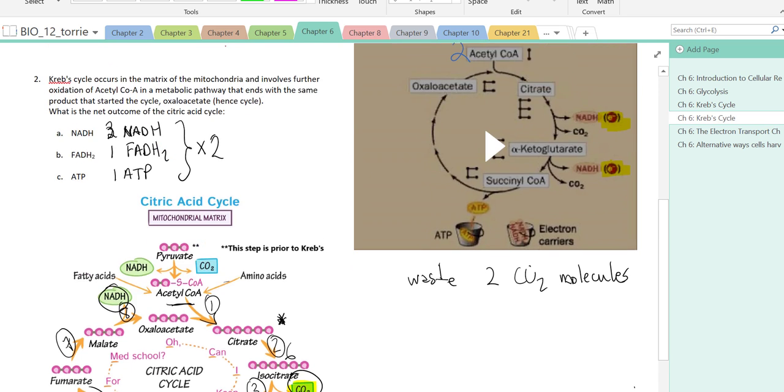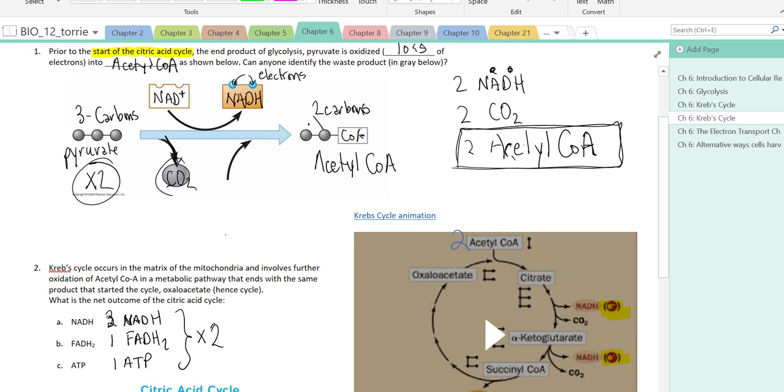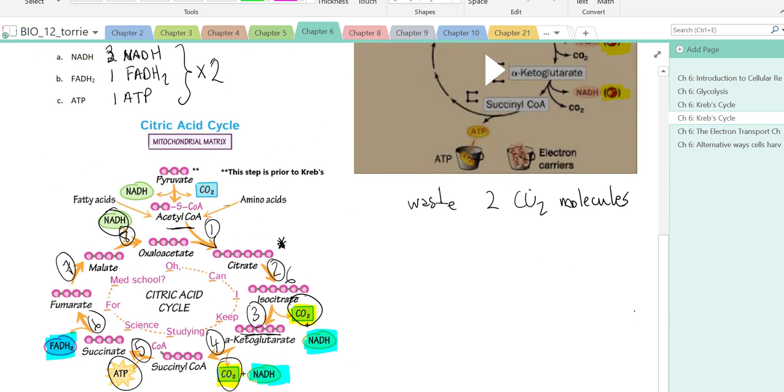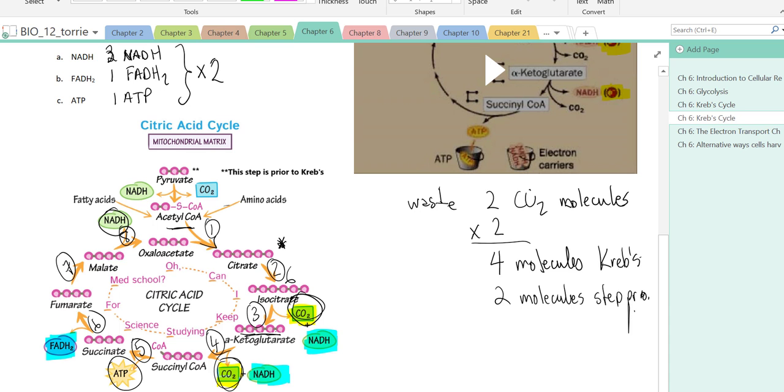That means we produced 2 CO2 molecules up here, and we produce 2 in the cycle, but the cycle goes around twice, so we produce 4 molecules in the Krebs cycle, but we also had 2 molecules from the step prior. So what does that mean? We have a total of 6 molecules of CO2 produced.